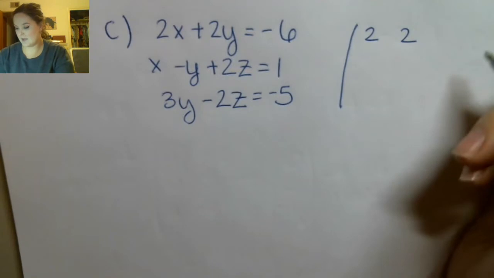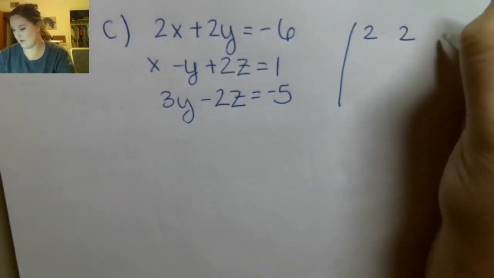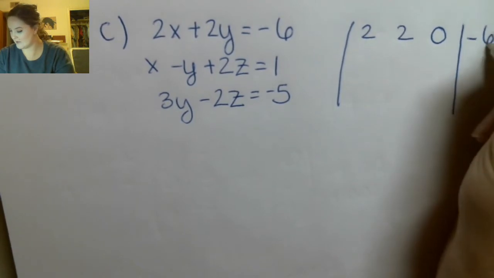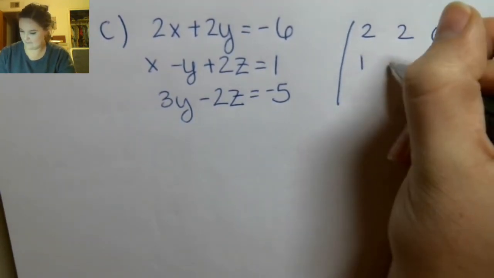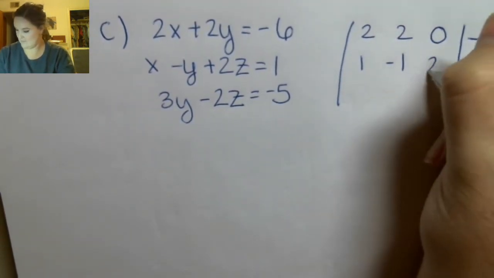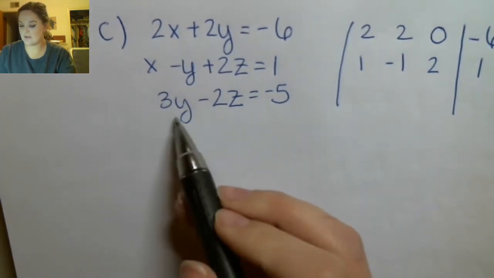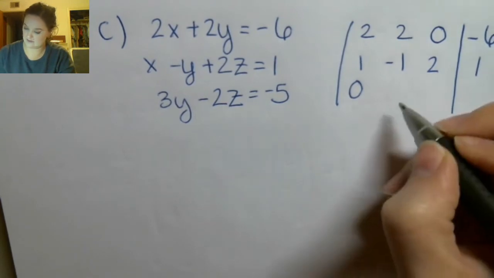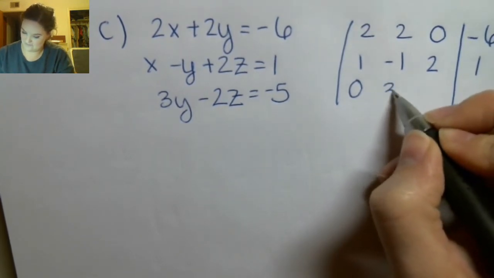Now there's no z, you can't just put nothing, you have to put a 0. And then in the augmented column we'll have -6. It's the same thing here. We don't have any x terms, so you have to put 0 for x.